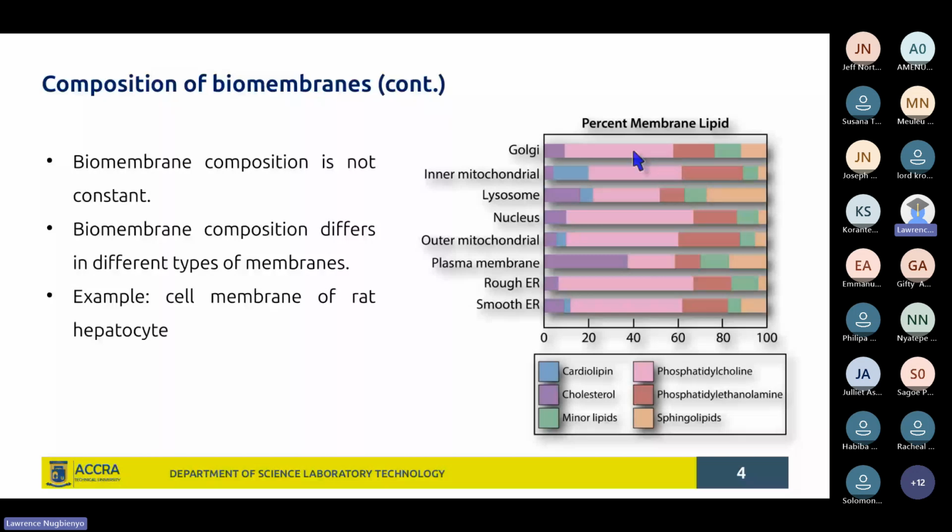Now, you can do the same thing for different cells and different organelles, and compare these things. So, for instance, the second here is the inner mitochondrial membrane, and we should also have the outer mitochondrial membrane. If you compare the inner and outer mitochondrial membranes, you realize the compositions are not the same.